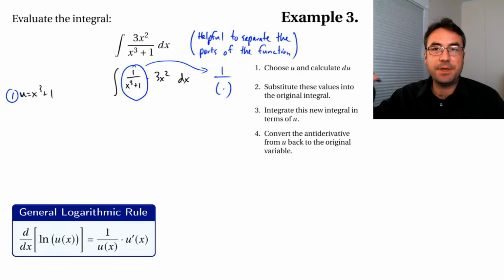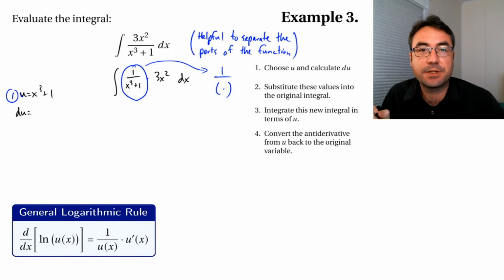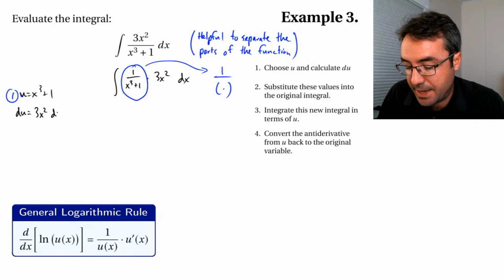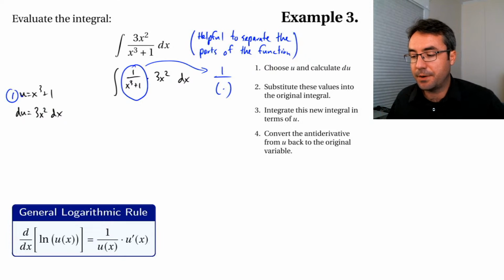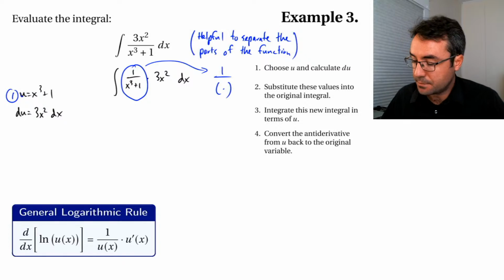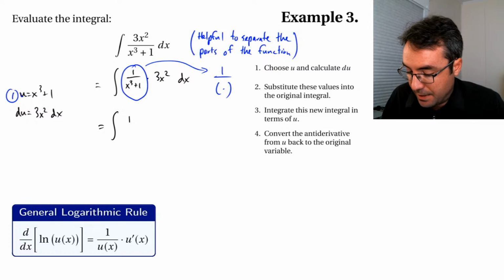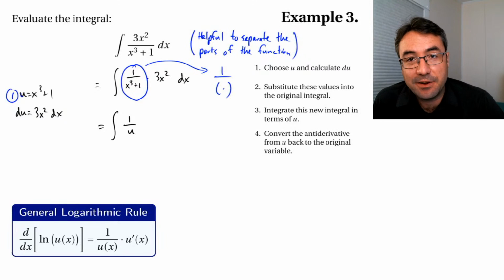Then, forgetting about the integral for a second, we're going to calculate du. So the derivative of x cubed plus 1 is 3x squared, and then we multiply by dx. That's step 2. And then we go to our integral and see what we have to work with. We already know that 1 over x cubed plus 1 is going to become 1 over u, by design.